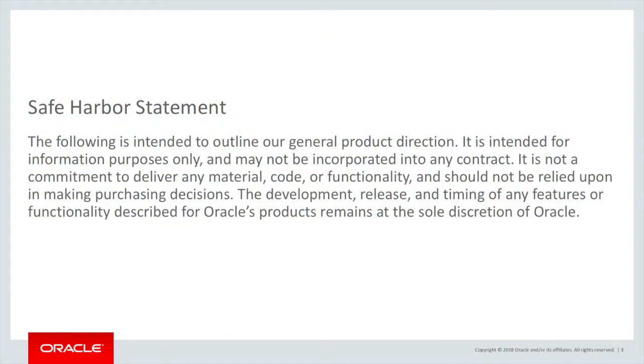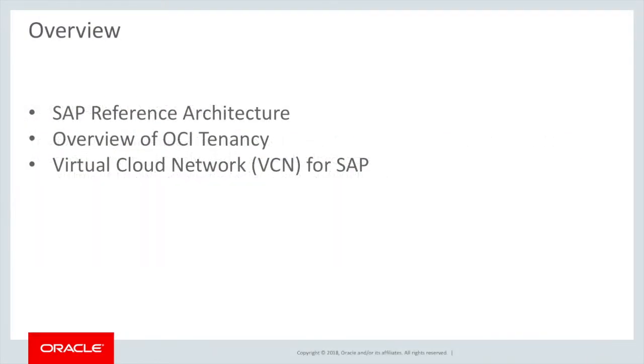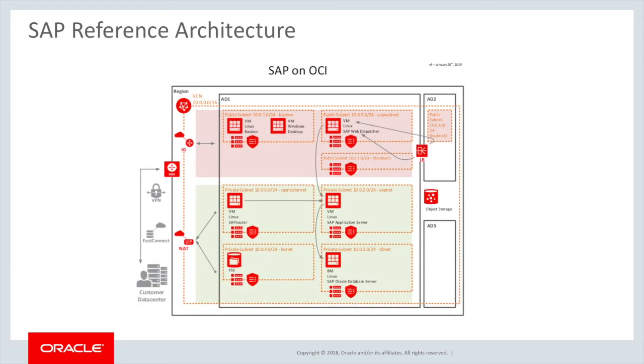In this video, I am going to talk about Oracle Cloud Infrastructure Tenancy and Oracle Cloud Infrastructure Virtual Cloud Network, and the different components of a Virtual Cloud Network for SAP deployment on Oracle Cloud Infrastructure. We have another video that shows how to create the different components to deploy SAP on Oracle Cloud Infrastructure using Terraform code.